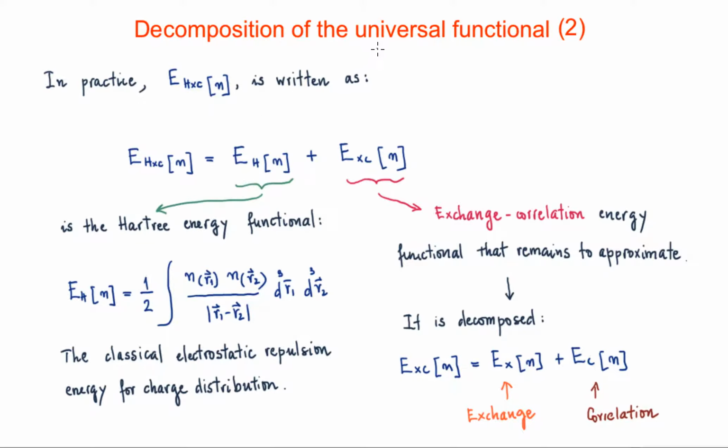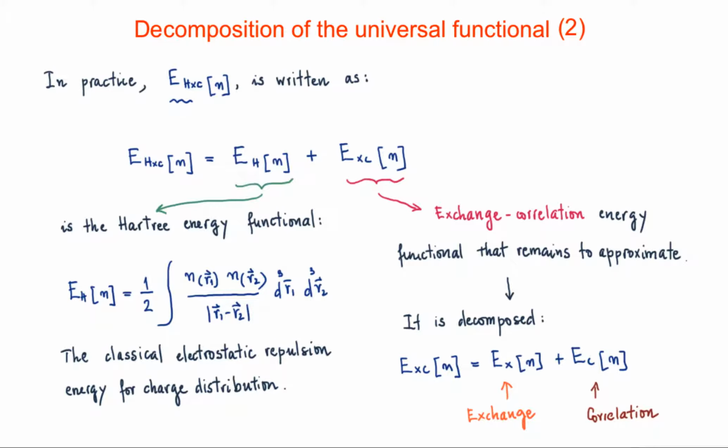Here we're going to continue with this Kohn-Sham method and the decomposition of the universal functional. In the previous video, we centered our analysis on the kinetic energy functional of this fictitious non-interacting system. And here we are going to center more on the decomposition of the Hartree exchange and correlation energy.